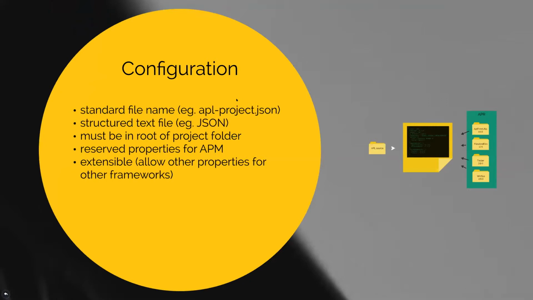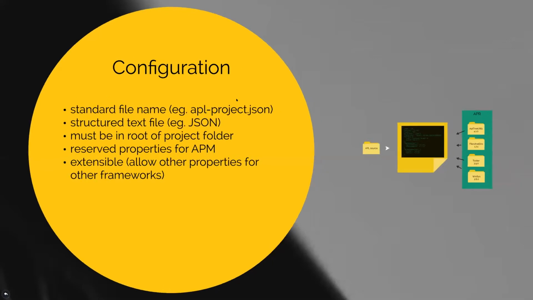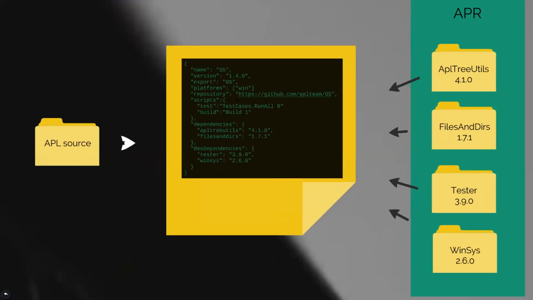If the configuration of a project is then defining the dependencies that it has on other packages available in the cloud, then it can be used to drive the tools to bring in those dependencies and load them into the project. And if we take a look at an example of that, it's hard to read, isn't it?